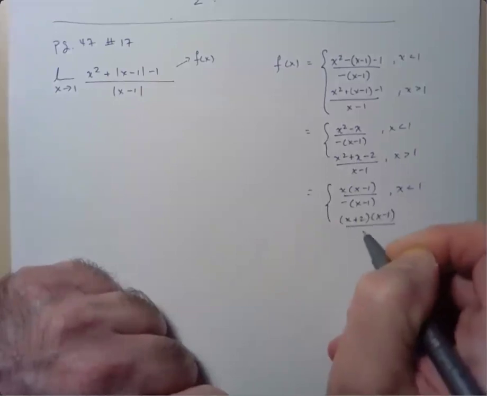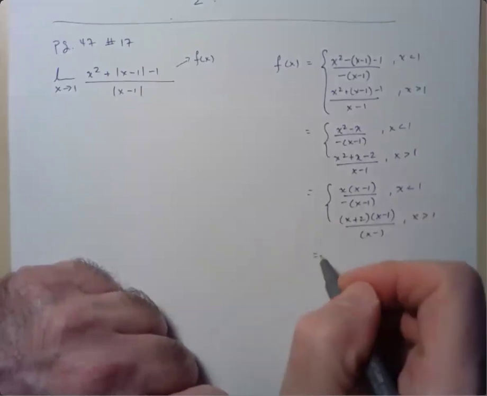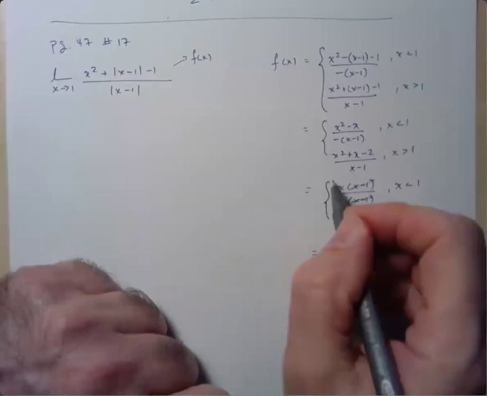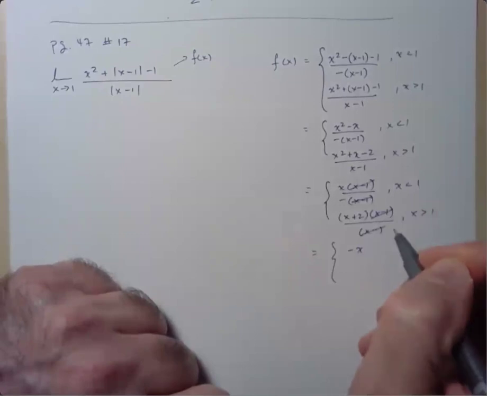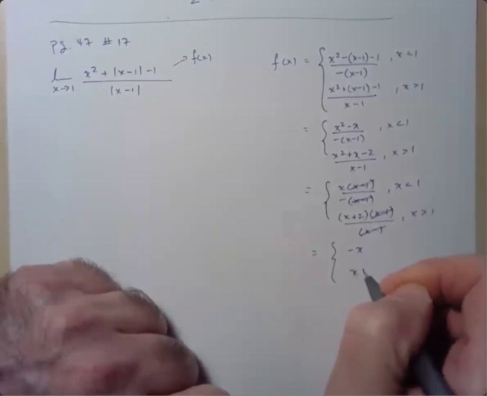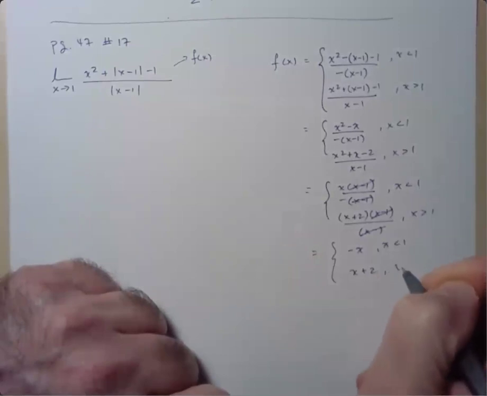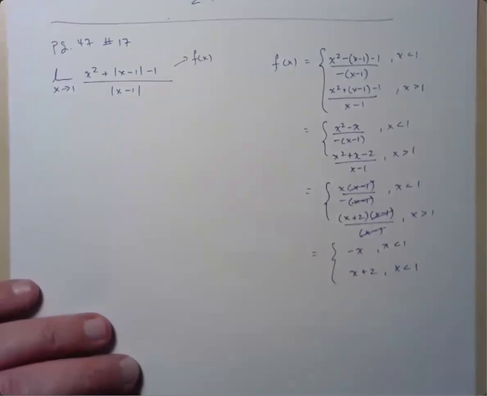Then these cancel out, so I'm just left with negative x. Here these cancel out, I'm just left with x plus 2. It was a bit of a journey, but we got there.